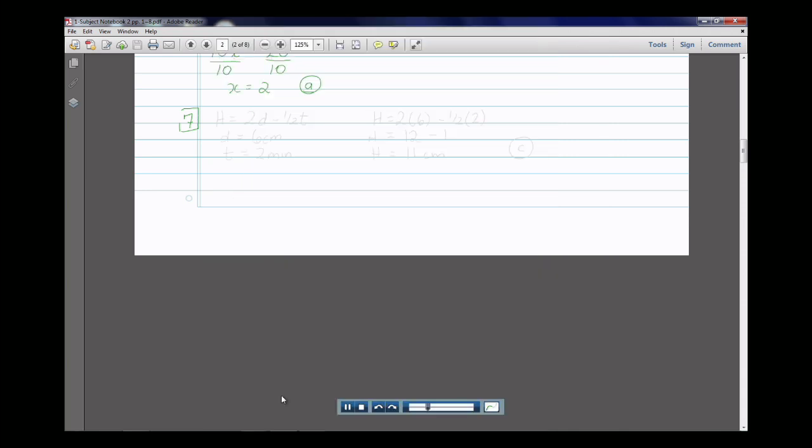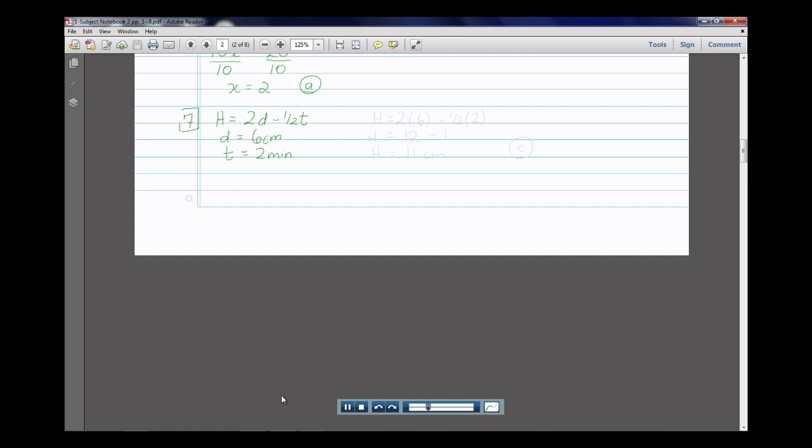A candle has a diameter of 6 centimeters, and if the candle burns for 2 minutes, what will its height be? So again, we should write down what we know. So h equals 2d minus 1/2 t, and the d is equal to 6 centimeters, and the t equals 2 minutes. Now you should check back in the question to make sure your units are what they're asking for.